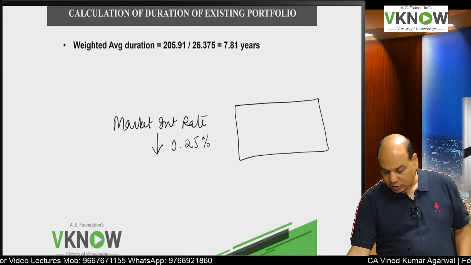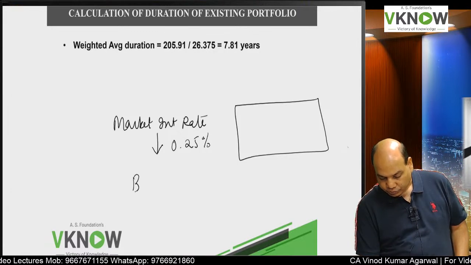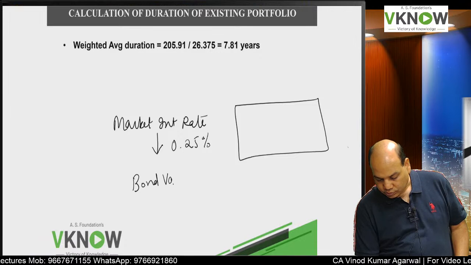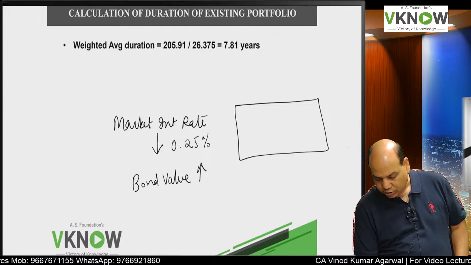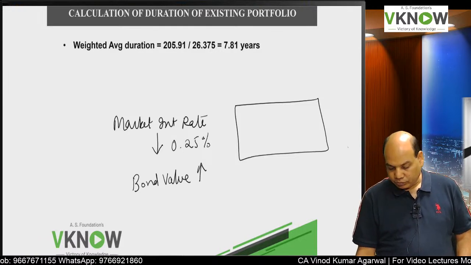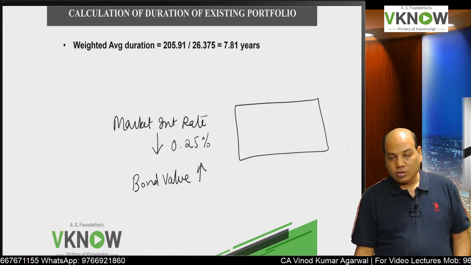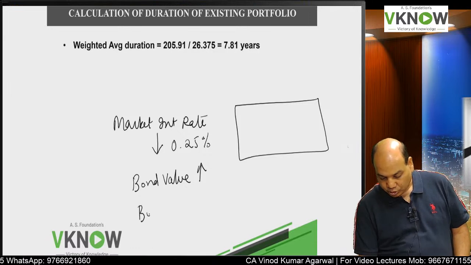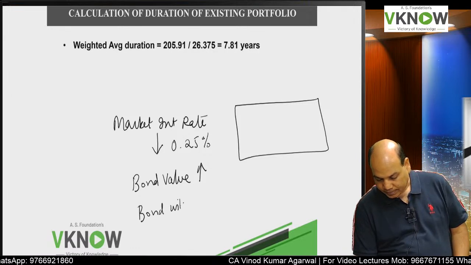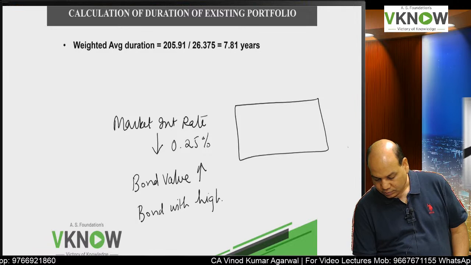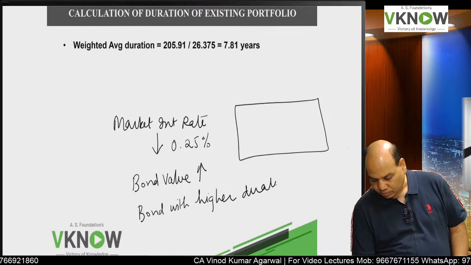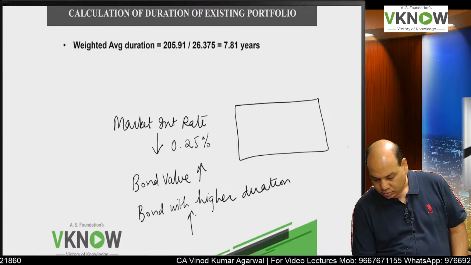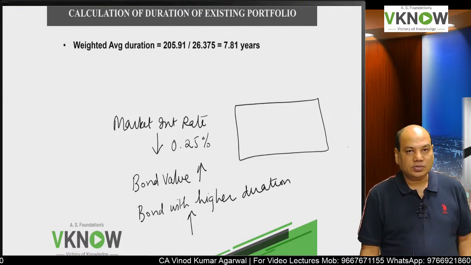So when market interest rates are going to fall, bond value will rise. That you have understood. Which bond will rise by a higher percentage? Bond with higher duration. Bond with higher duration will have higher price appreciation.